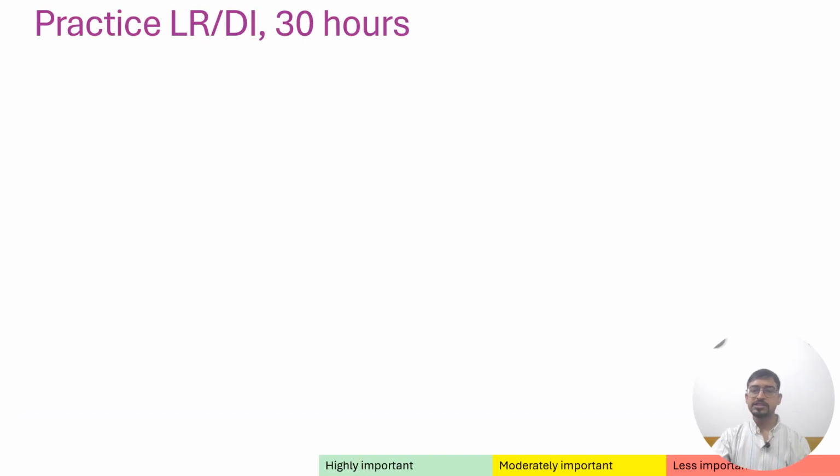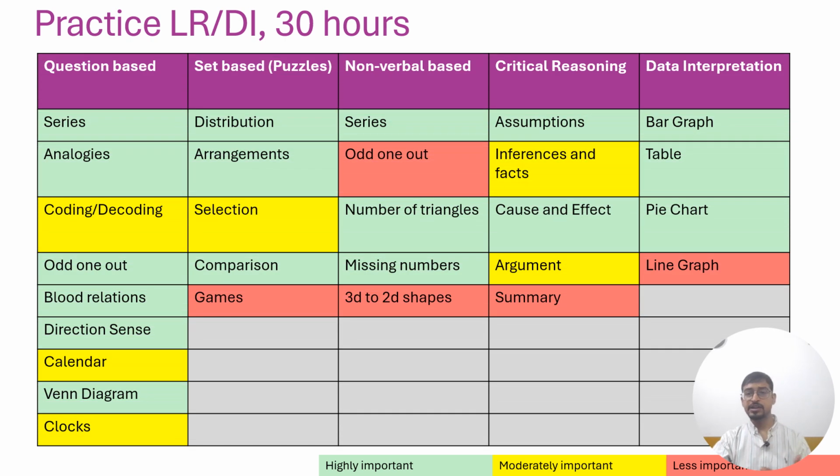How to practice logical reasoning and data interpretation? Again, we look at all the topics, and as you can see, I've color coded them on the basis of their importance. Take a moment to absorb the table in front of you. Especially the red ones, you can deprioritize because they are relatively less important and less frequently tested.